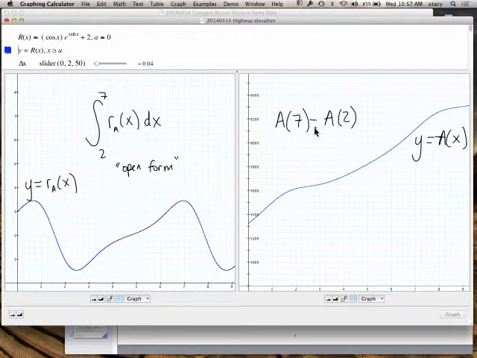But the outputs of this graph are still the accumulation, only now they're exact accumulation rather than approximate accumulation. So if I want to find the change in accumulation using the right-hand graph, I can still find the change, the difference in accumulation. So this would be closed form. But they're both exact.